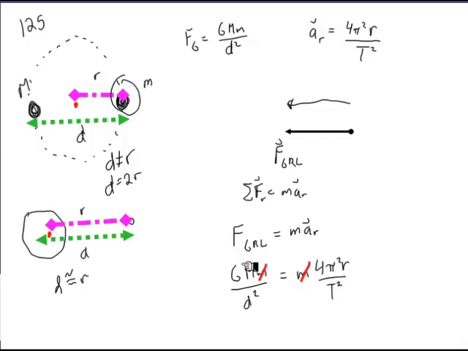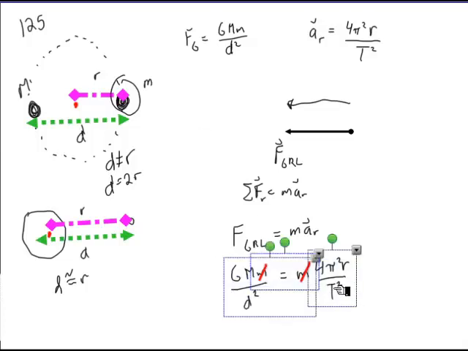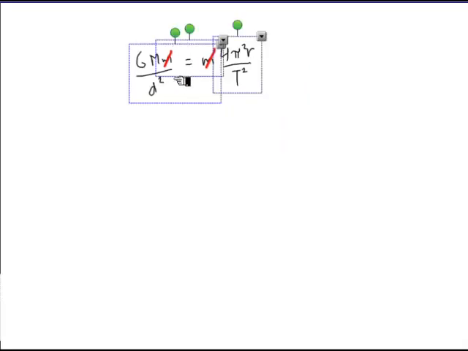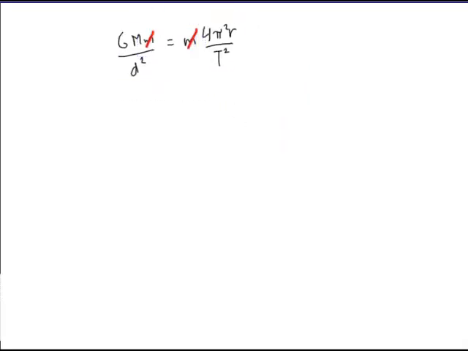So let me take this over to the next page. Okay, so I'll begin by multiplying both sides by T squared over G M over d squared. I'll do a little bit more algebra to get T squared further by itself: 4 pi squared r d squared.